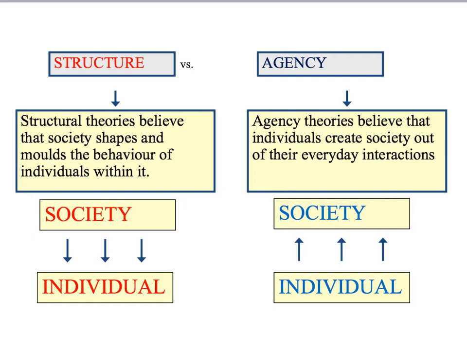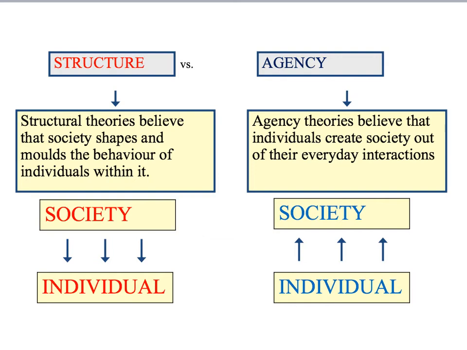Another useful way of categorising sociological theories is to relate them to something called the structure-agency debate. Now, structural perspectives are those perspectives that argue that human behaviour is largely determined by the social system. So in structural perspectives, there's very little room for free choice.